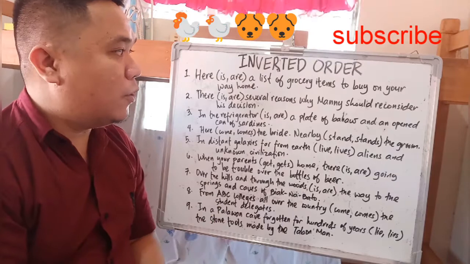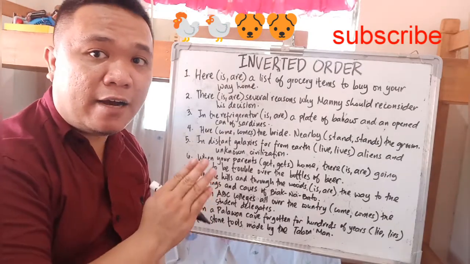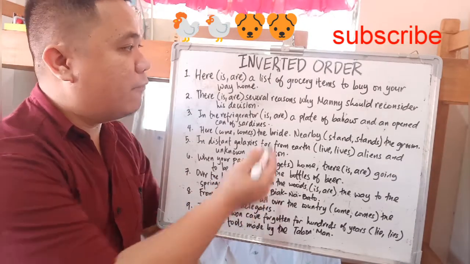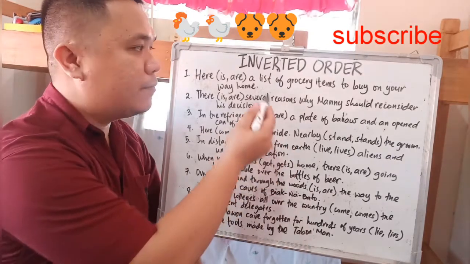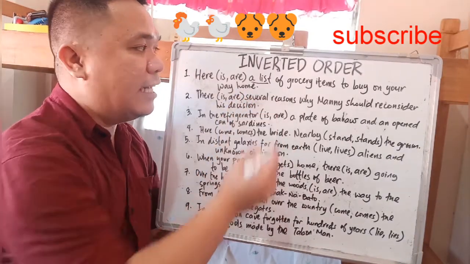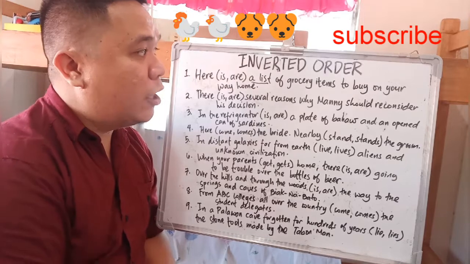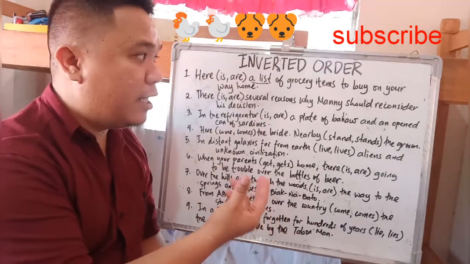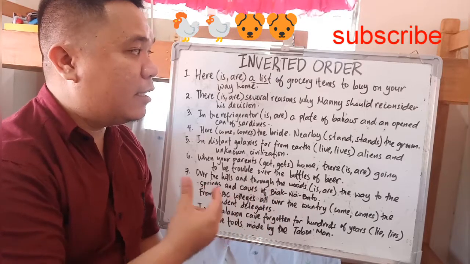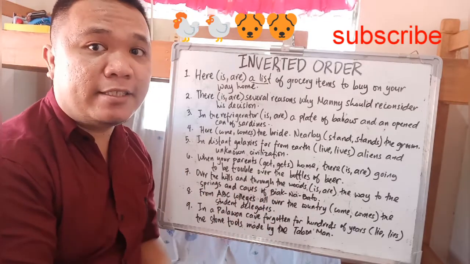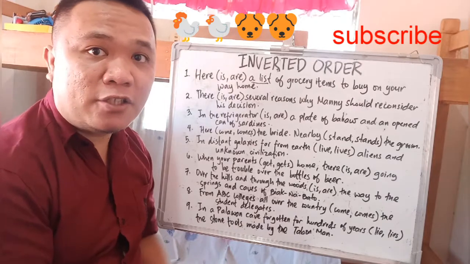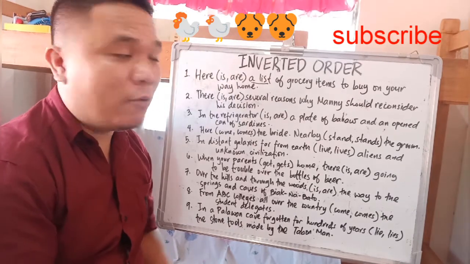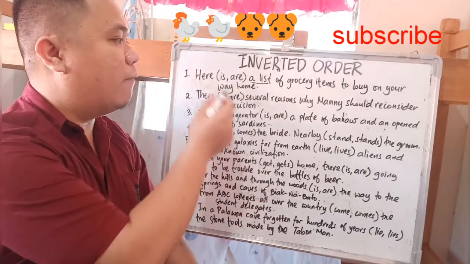Our subject is found after the verb is. It's just the phrase a list, because of grocery items is a prepositional phrase that describes the phrase a list. So a list is singular and requires a singular verb.